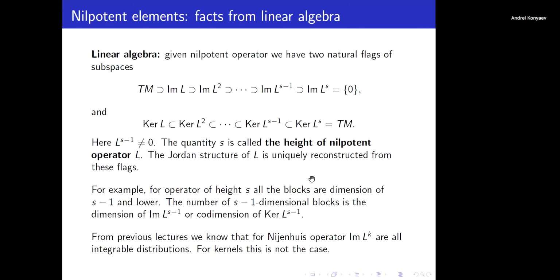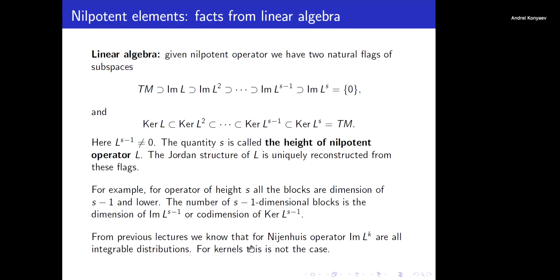They are exactly the kernels of the Jordan blocks of the dimension S, because we've already got to the power S minus 1. We killed off all the Jordan blocks. Those are the pieces that are left.